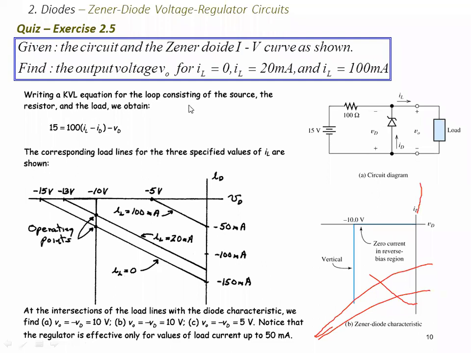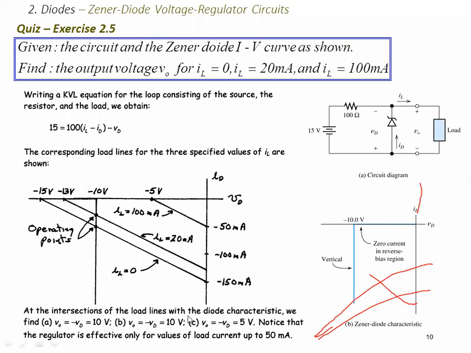So writing the Kirchhoff's voltage law equation for the loop consisting of the source, the resistor, and the load, we obtain 15 minus 100 times (IL minus ID) minus VD equal to 0, right? Remember, current entering is not current leaving. Then you can now use the given values to get your required output voltages.